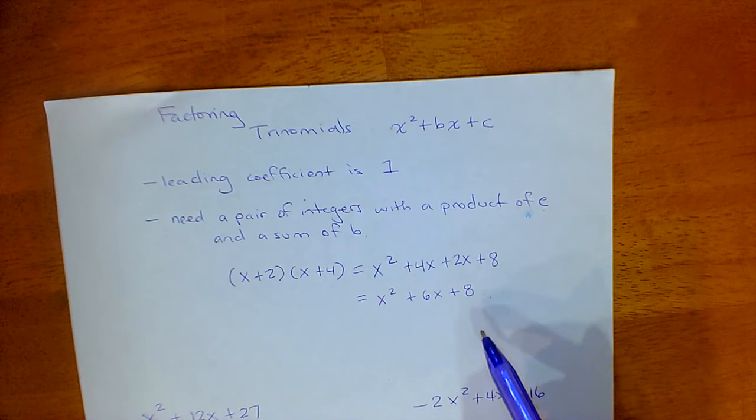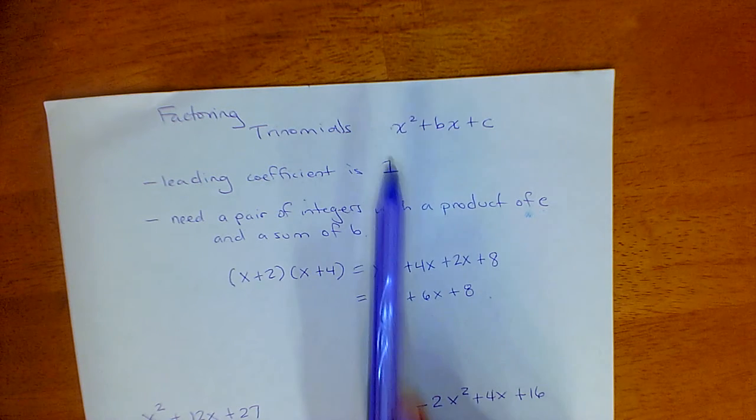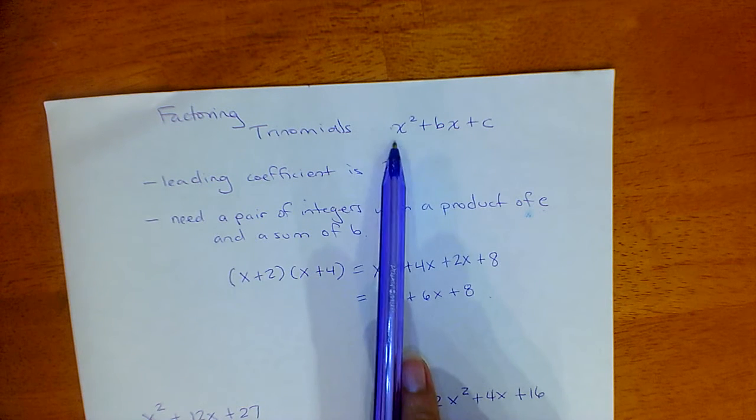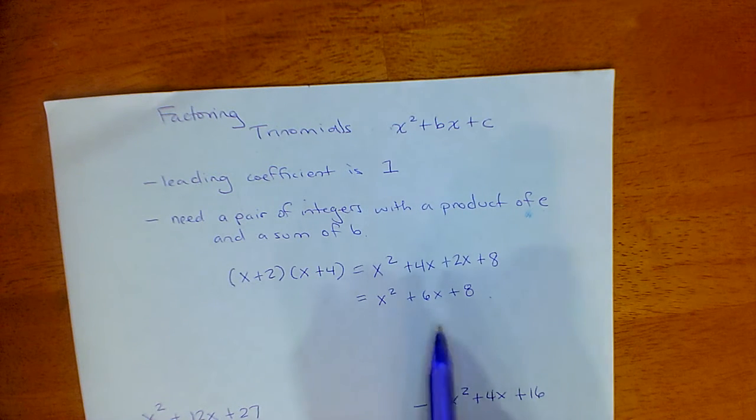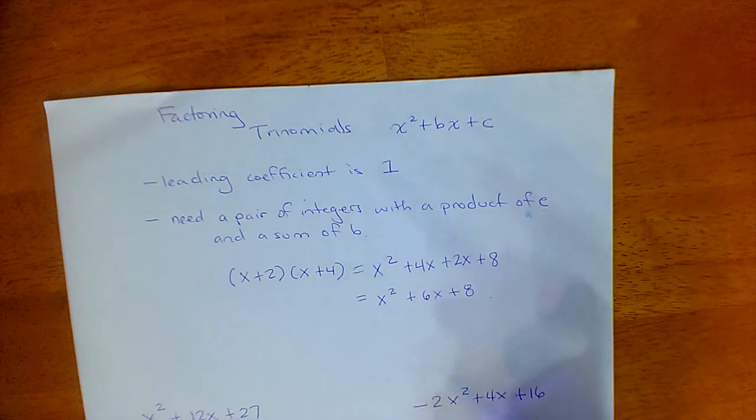And I often tell my students to make a table when we do this, not so much because these are so complicated, but because when we change the coefficient to not be a leading term of 1, we're going to use essentially the same method, but we'll have more to keep track of there.